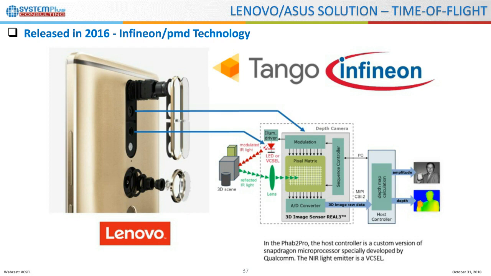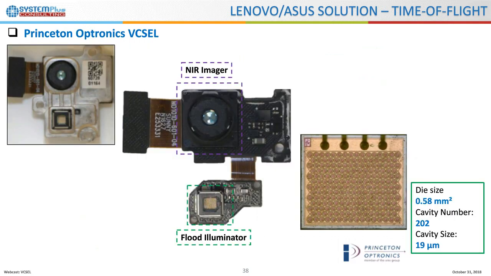If we have a look a little bit closer at the structure, we can see that the supplier of VCSEL at the time was Princeton Optronics, and we have quite a small VCSEL, 0.6 square millimeter, with 200 cavities, which is something which has been improved also now by PMD and Infineon, because they are now proposing a more compact module, with a different approach and different technologies also.